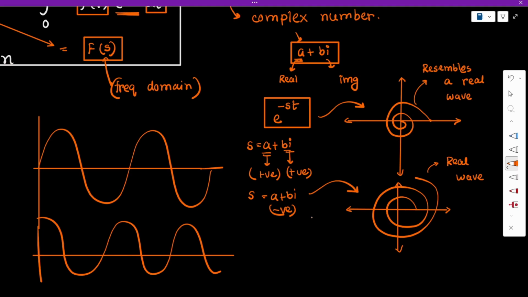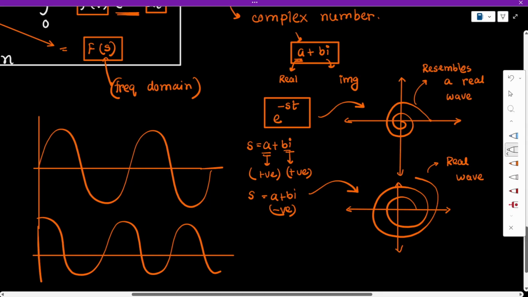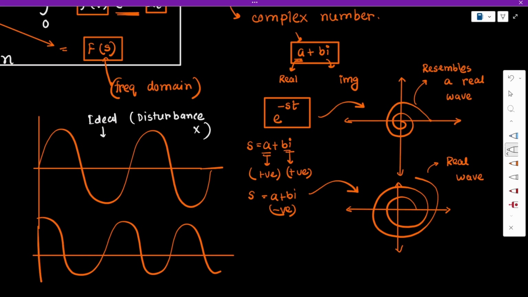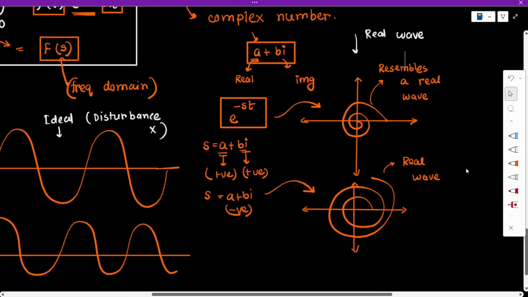There are disturbances in waves, and the waves decay and slowly stop. So this is an ideal scenario of waves which has no disturbance and they can progress infinitely. But these are scenarios of real-time waves which go something like this.